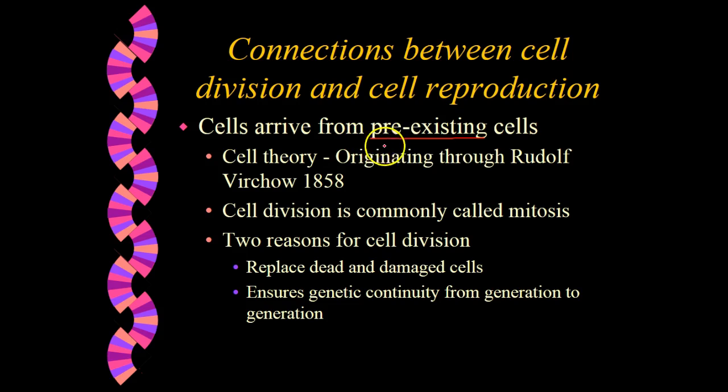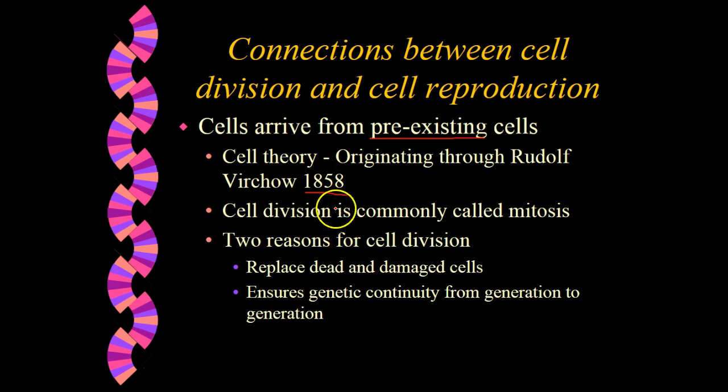He watched cells divide, and when you watch cells divide, you make an observation that the 2 new cells not only came from the parent cell, but that the 2 daughter cells are identical genetically, or should be identical genetically, to that one parent cell. So he did some work in 1858 and contributed that third component to the cell theory. And remember, that third component is that cells arise from pre-existing cells.